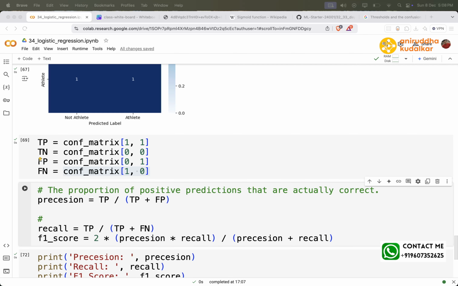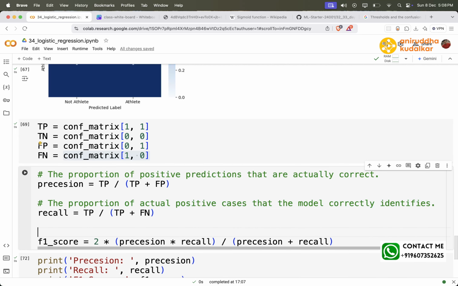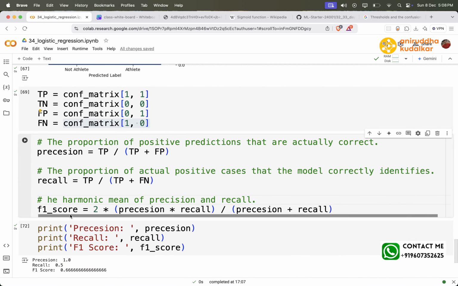And recall is the proportion of the actual positive cases that the model correctly identifies. F1 score: the harmonic mean of the precision and the recall.